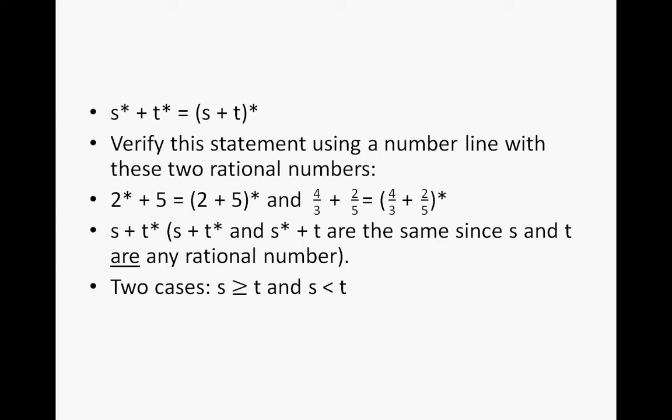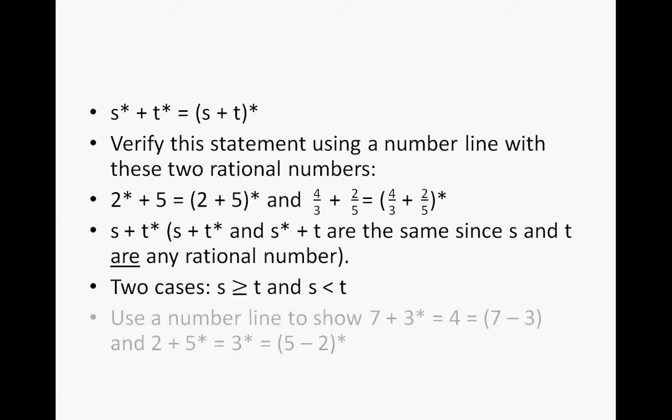If s plus t star, s can be greater than or equal to t, or s can be less than t. So what I'd like you to do is use a number line to show that 7 plus 3 star is equal to 4, but that's also the same as 7 minus 3.